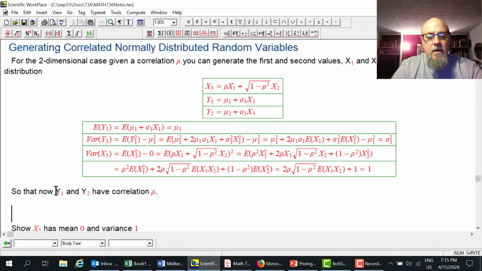I'm claiming that y1 and y2 have a correlation of rho. So far, we haven't correlated these things at all. They're just meeting their own target expected values and their target standard deviations. I need to show that the y's are correlated.